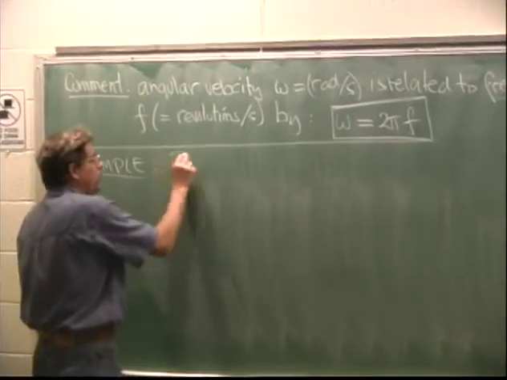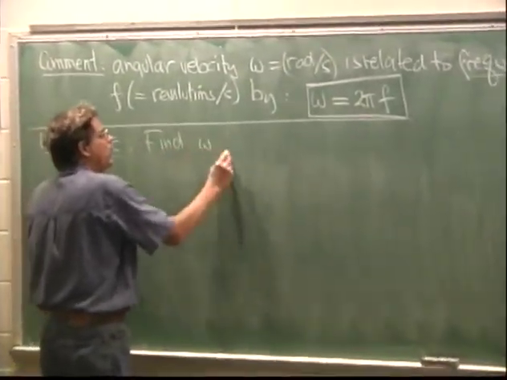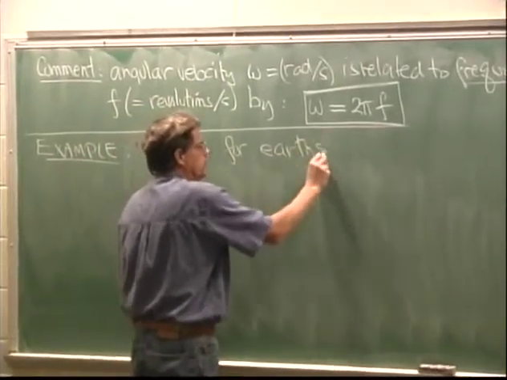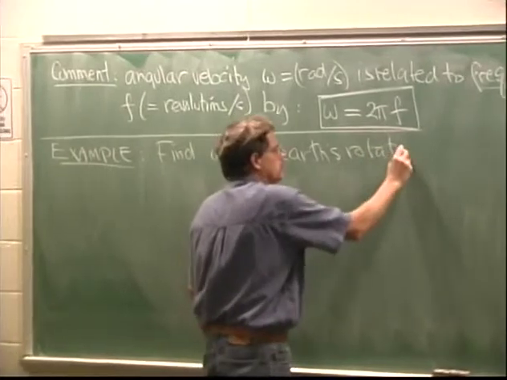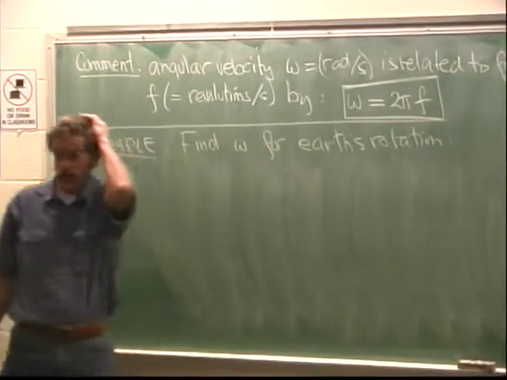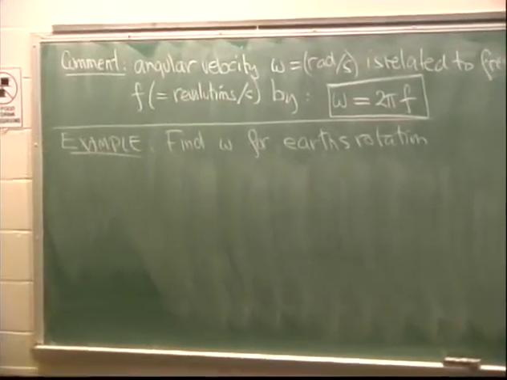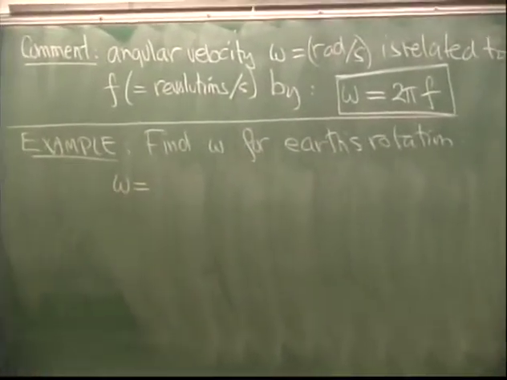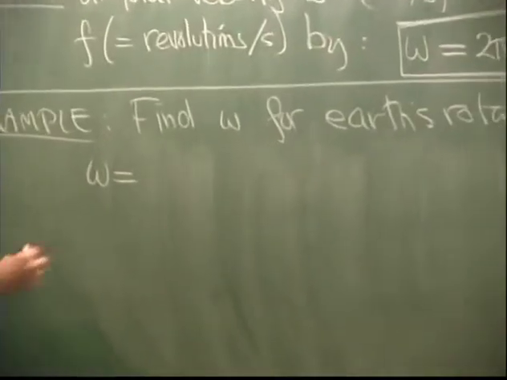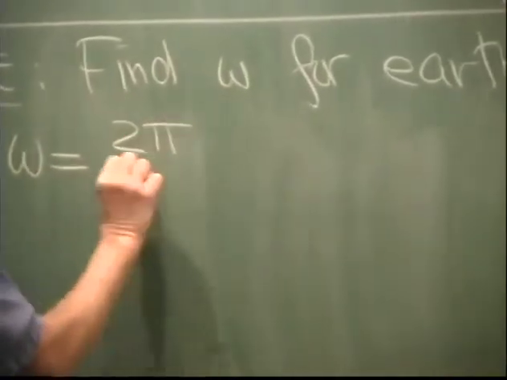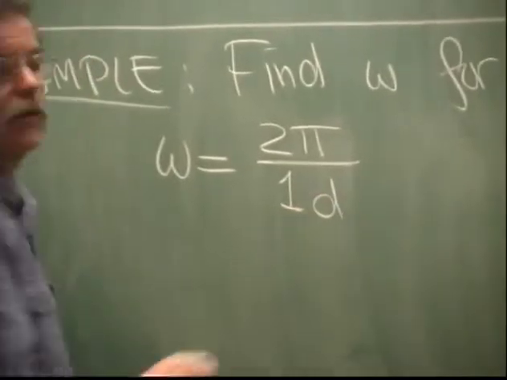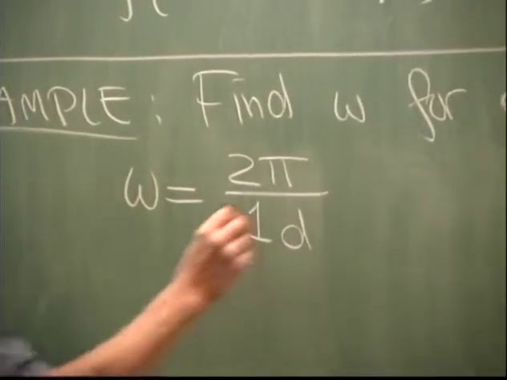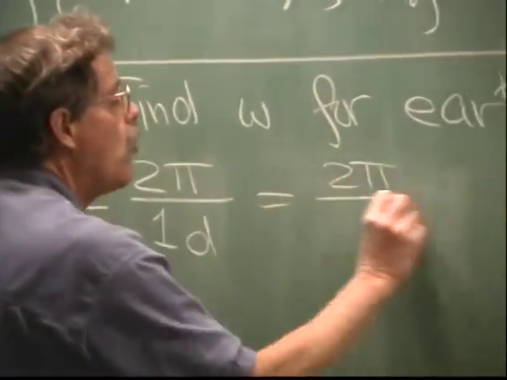So find omega for the Earth's rotation. The Earth rotates once a day, right? So what would omega be? The angle it executes in one day is 2 pi, and I divide that by 1 day. Angle per unit time. So that's 2 pi over 1 day.